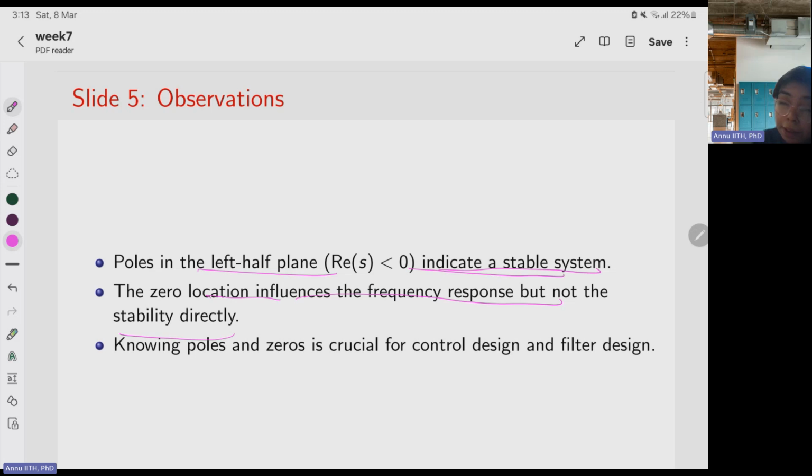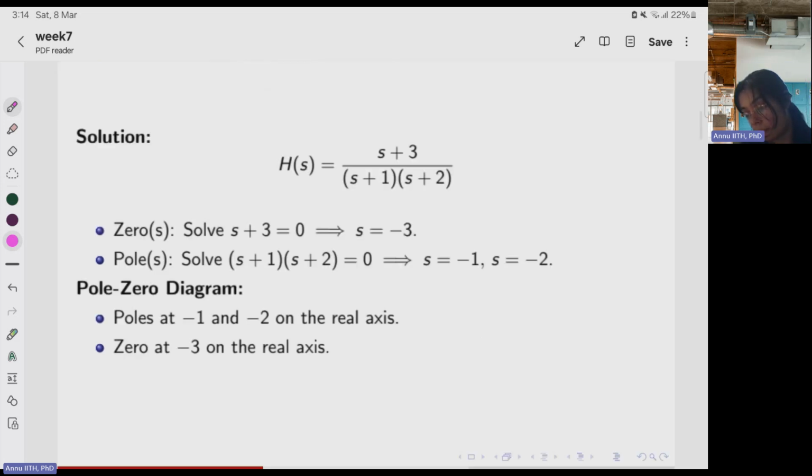So whenever we are asked to find the stability, just by seeing the pole-zero diagram we can easily find it. Since zero location doesn't influence the stability but does influence the frequency response, knowing poles and zeros is crucial for control design and filter systems.